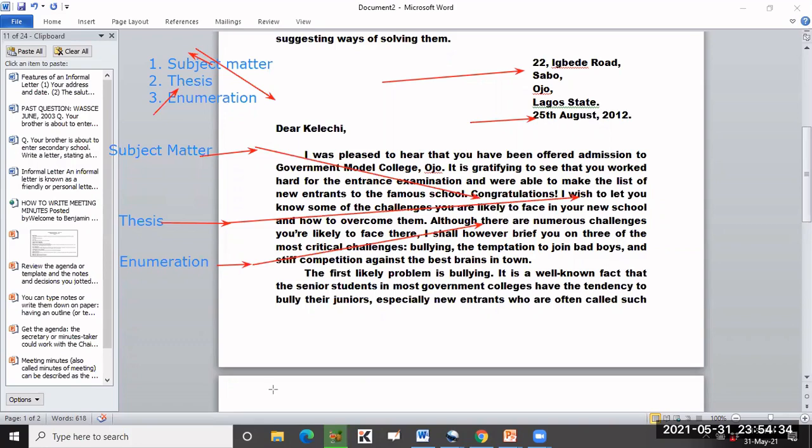You know, most markers, that's people who will mark your scripts in the West African Senior School Certificate Examination or other external English exams, some of them may not have the patience to read everything you have written in detail before awarding you the marks. And the secret is this: they are paid according to the number of scripts they mark.